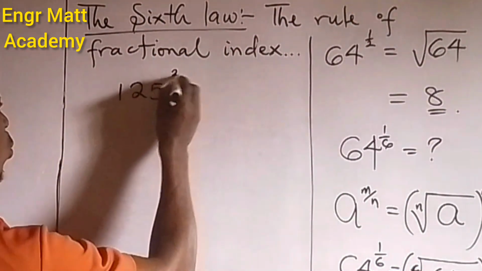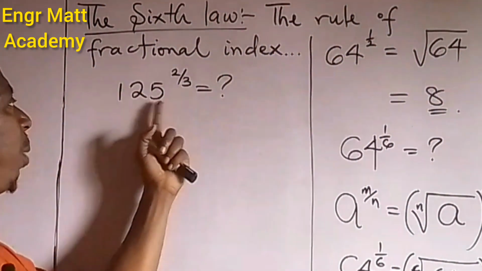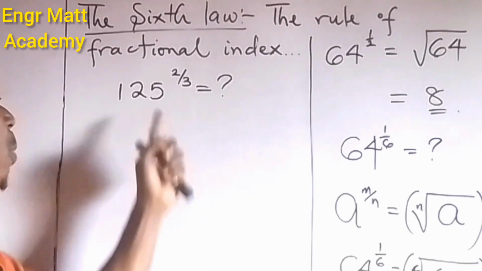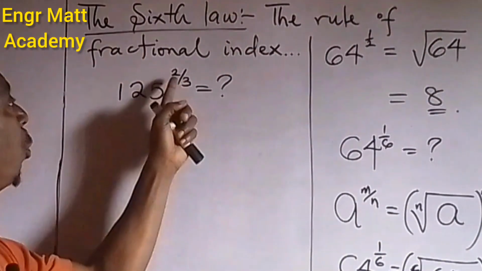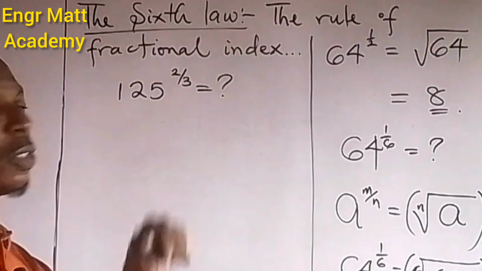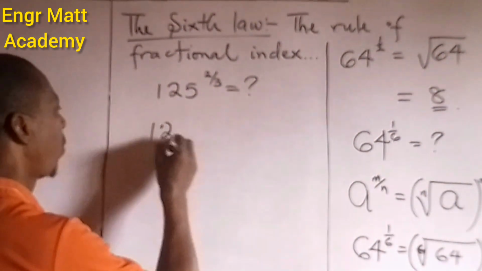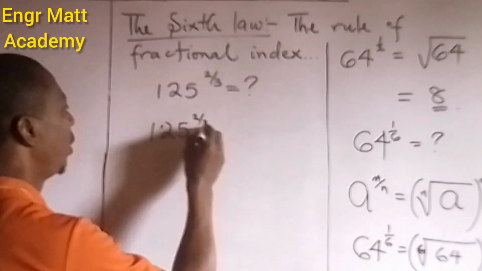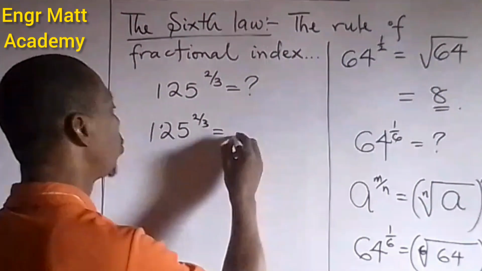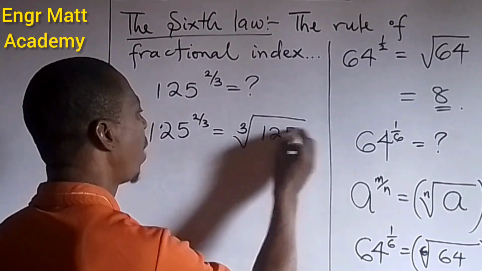125 raised to the power of 2/3. Does the sixth law apply to this problem? Yes. Why? Because the power is a fraction. And remember, when the power is a fraction, the numerator is the power we need to retain, and the denominator tells us the type of root we are dealing with. So 125 raised to the power 2/3 is equal to, because the denominator in the fraction is 3, we need to take the cube root of 125.